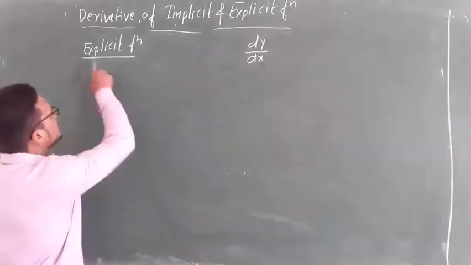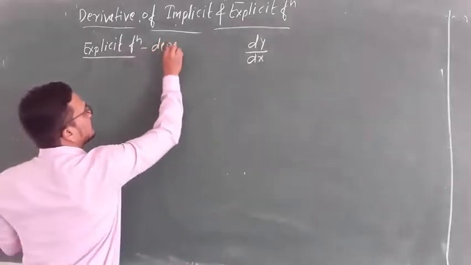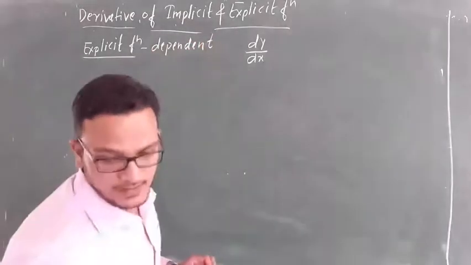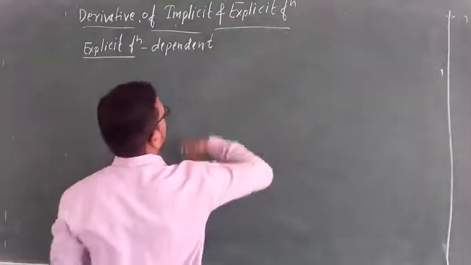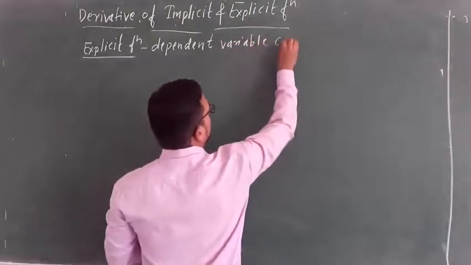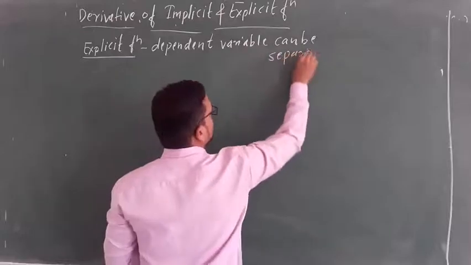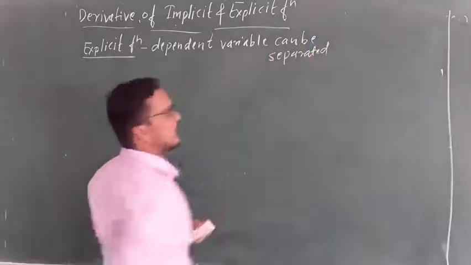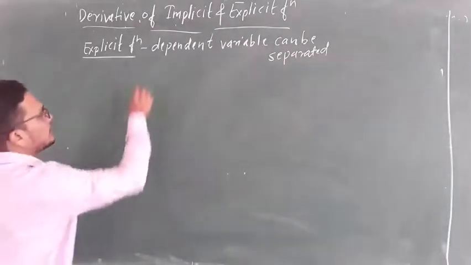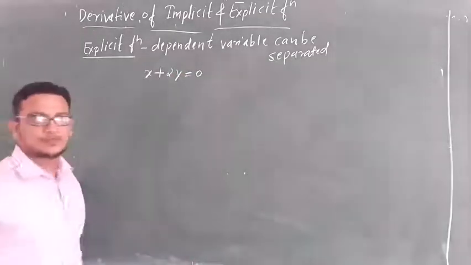So explicit function means the dependent variable can be separated. For example, take x plus 2y is equal to 0.